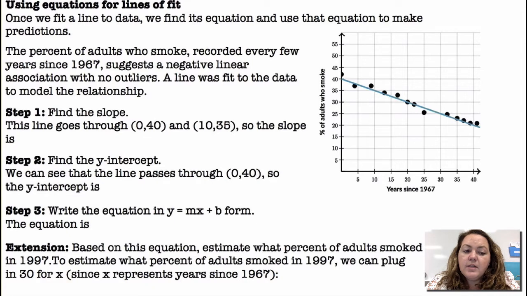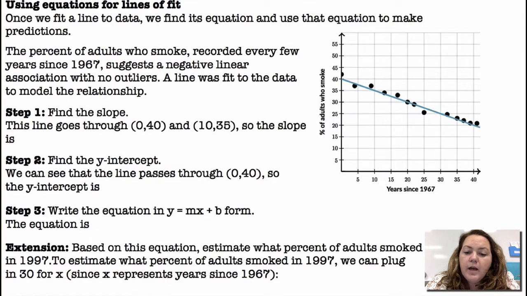A line was fit to the data to model the relationship. Years since 1967 is on my x-axis, and the percent of adults who smoke is along my y-axis. I can see that there's a negative trend. They already gave me a line of best fit, and they want me to find the slope, write the equation, and then use the equation to make a prediction.